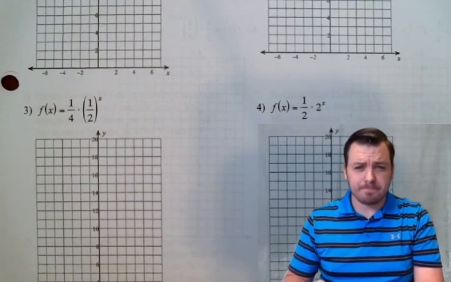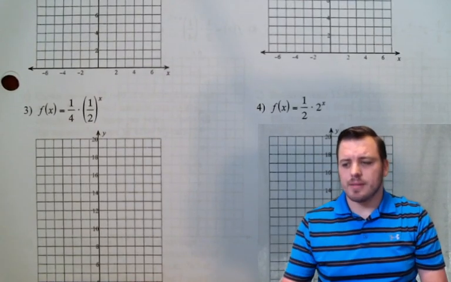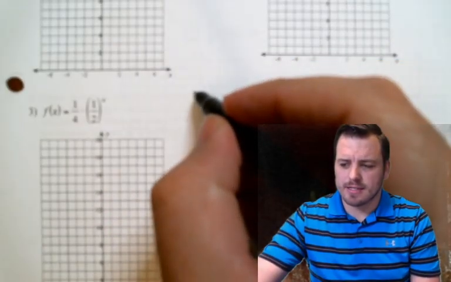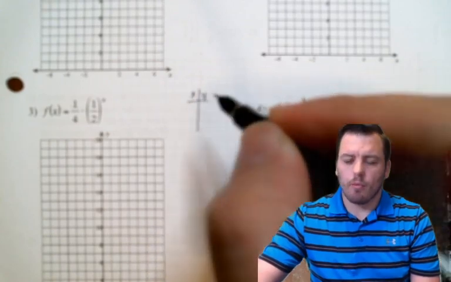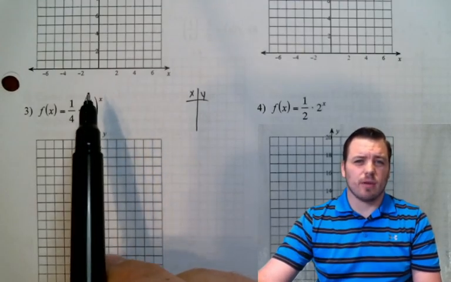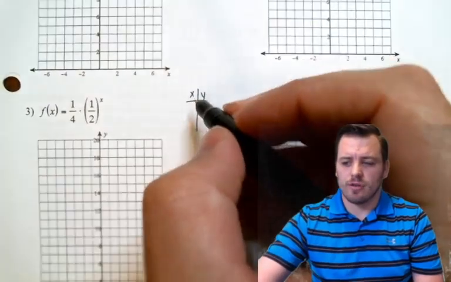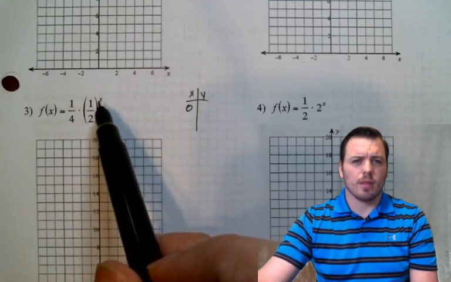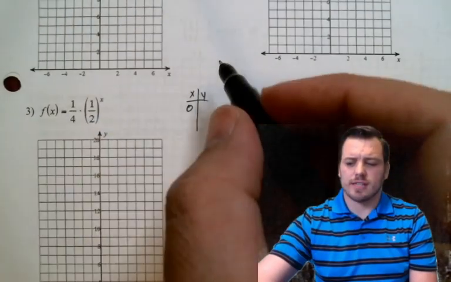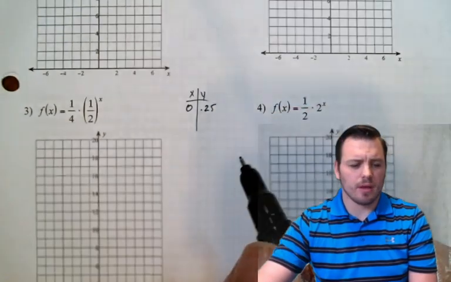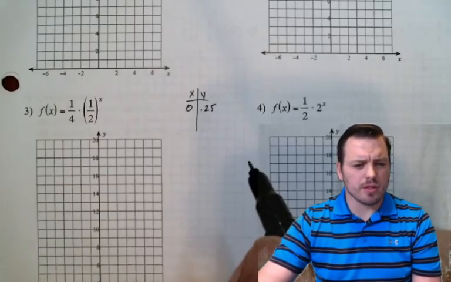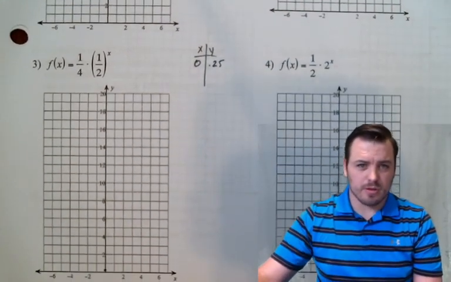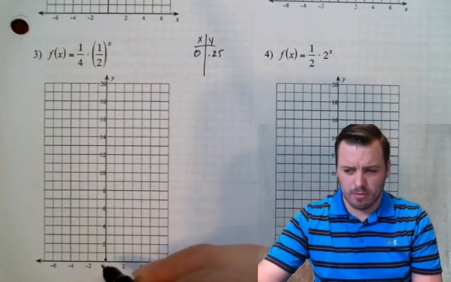So with 3, typing in stuff that would make your XY table, where your X values right here are going to matter, right? If you type in a 0 there, anything to the 0 power is 1, so that's 1/4 or 0.25. So 0 and 0.25. Let me scoot up a little bit.